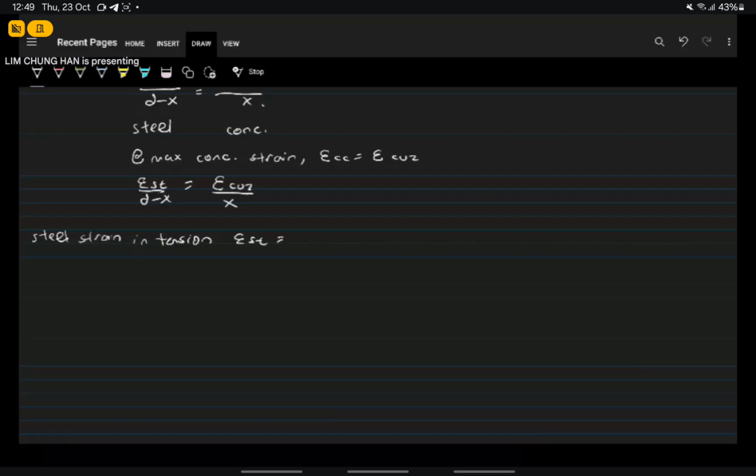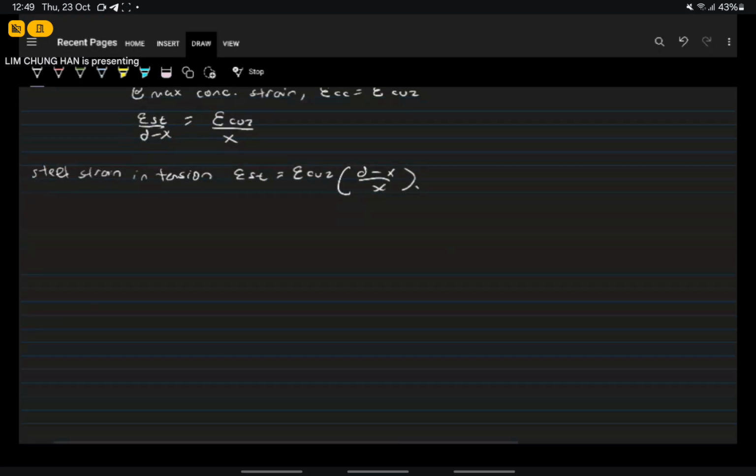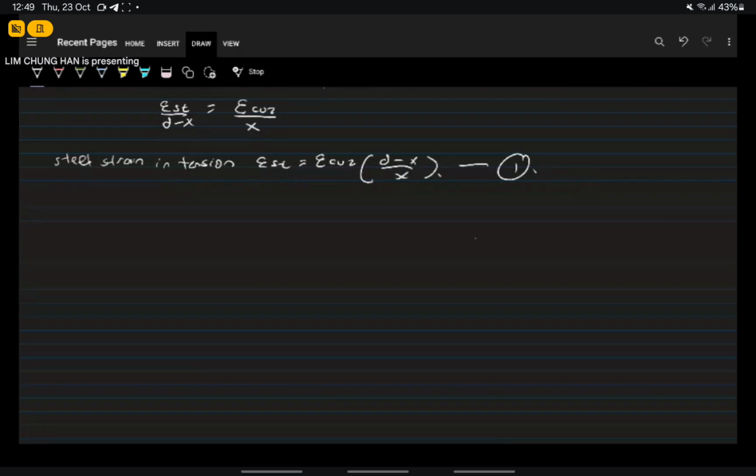Therefore, epsilon st is equal to epsilon cu2 times (d minus x) divided by x. We call this the first formula.